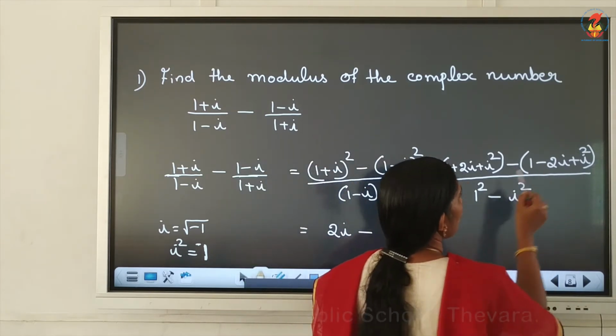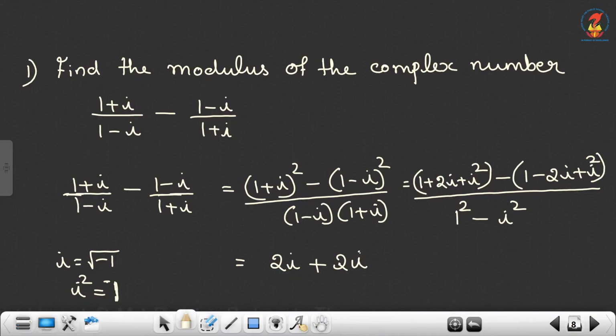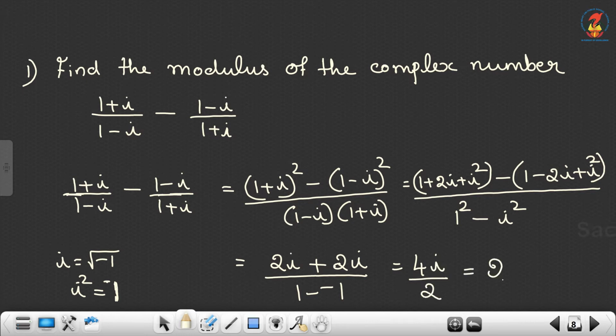So minus of minus is plus 2i. Then in the denominator, 1 squared is 1, i² is minus 1, so 1 minus minus 1 is equal to 2. So we have 4i by 2, which is 2i.